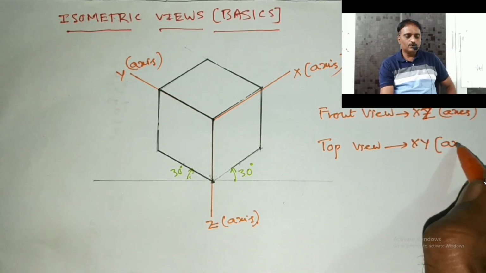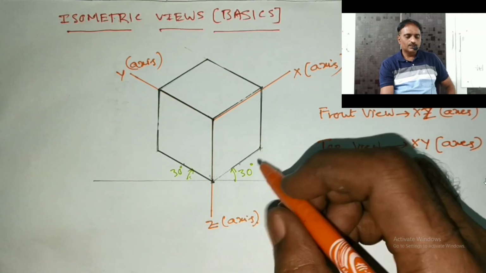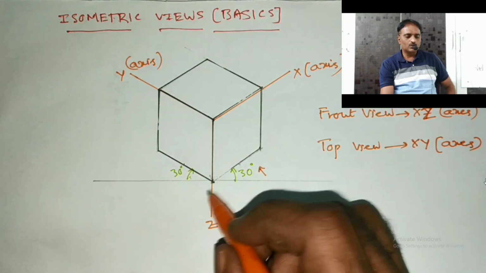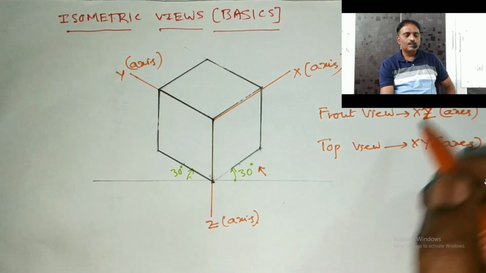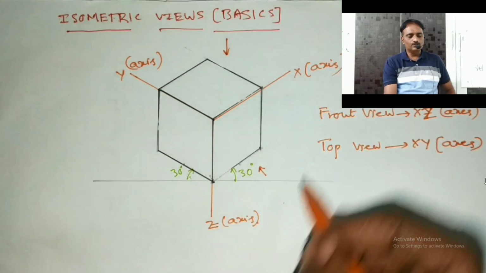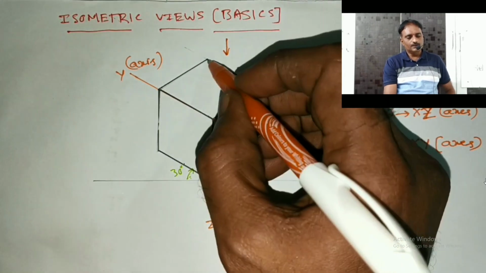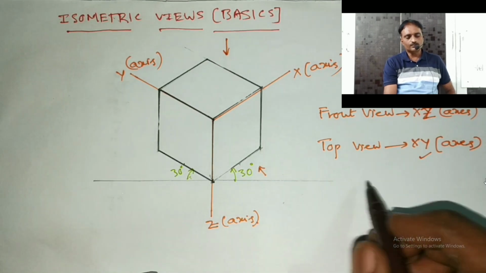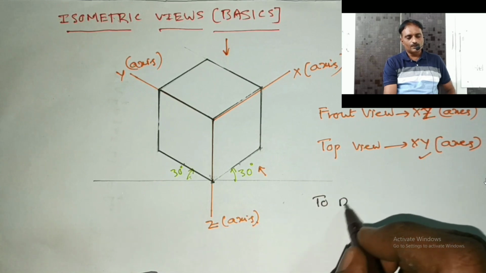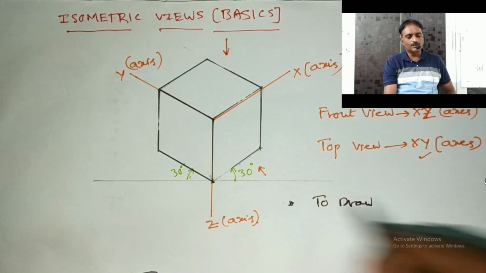That is front view: if you observe the x and z plane, and from the top view, that will be the x and y plane, and from the side view, y and z will be the side view.